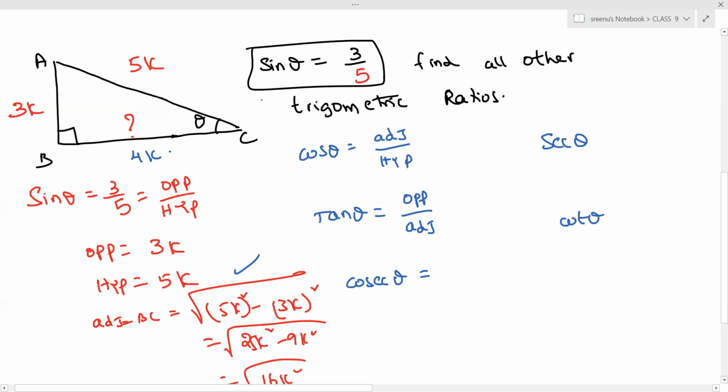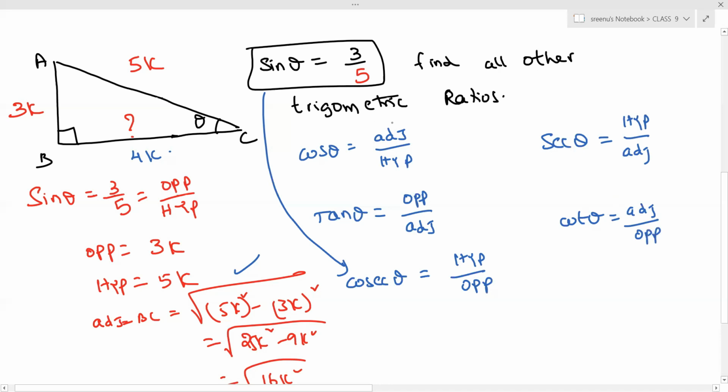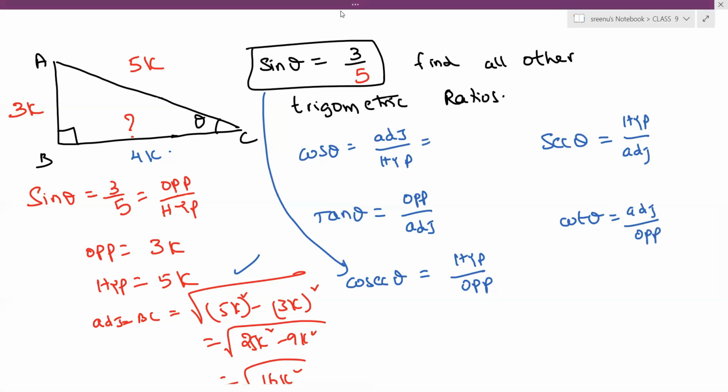Cosecant theta is the sine reciprocal, hypotenuse by opposite. Secant is the cos reciprocal, hypotenuse by adjacent. And cot is the tan reciprocal, adjacent by opposite. Now I have to write the values.